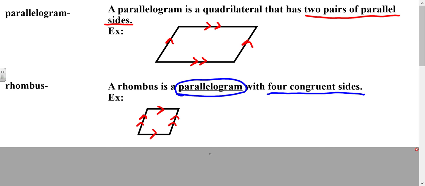So that shows our two pairs of parallel sides. And then we're going to show that it has four congruent sides. So to show that sides are congruent, you make a little tick mark in the middle of them or wherever on the side. And so all of these sides are congruent. They're all equal. So they all have one tick mark to show that each of those are congruent to one another.